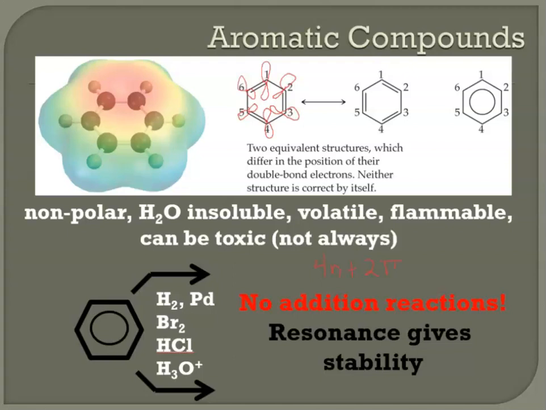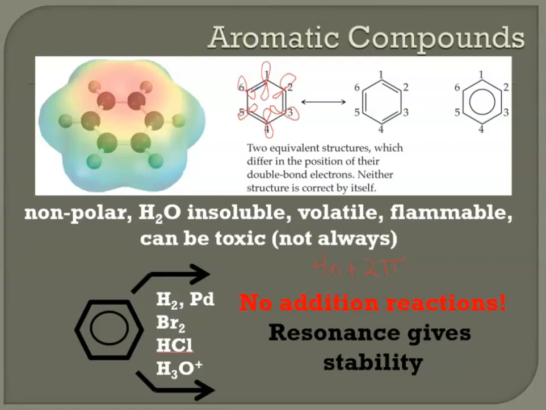What that means is that n can equal any whole number, so it can be 1, 2, 3, 4, 5, 6, 7, 8, 9, 10. If we have 1 times 4, which is 4, plus 2, that's 6 total pi electrons. You'll notice up here we have 2, 4, 6 pi electrons. I'll highlight these in blue, right?